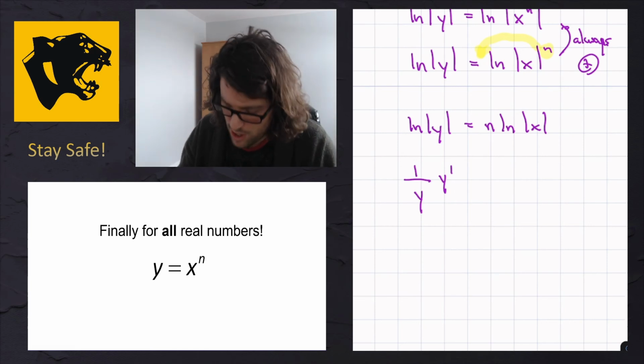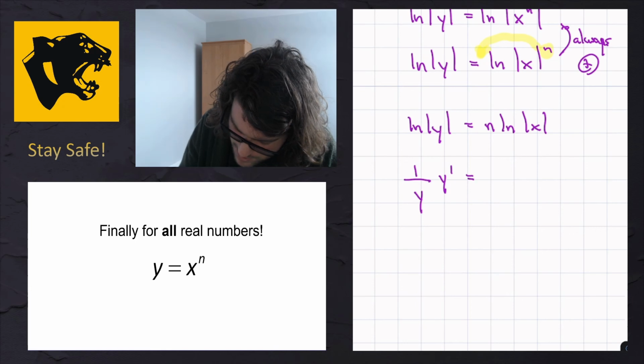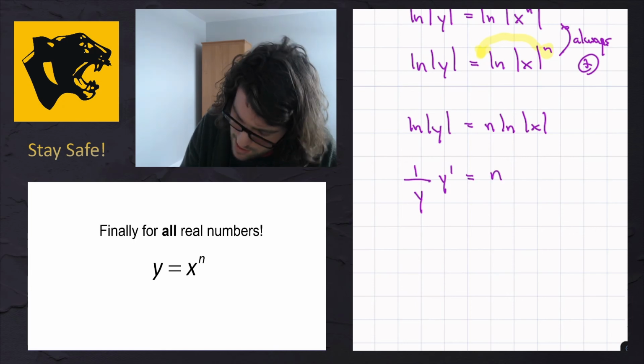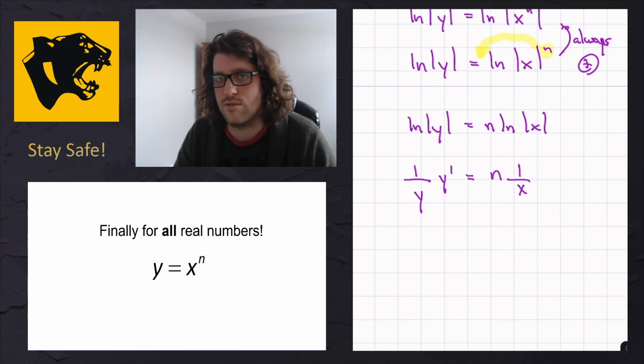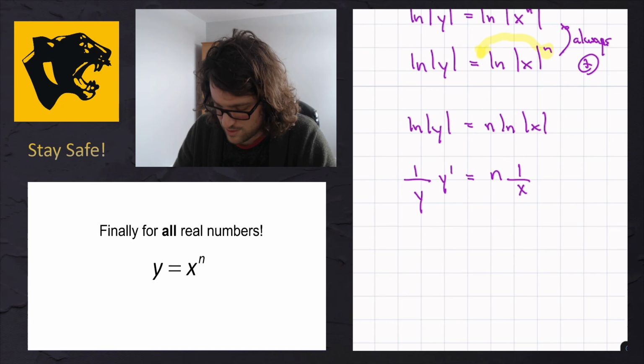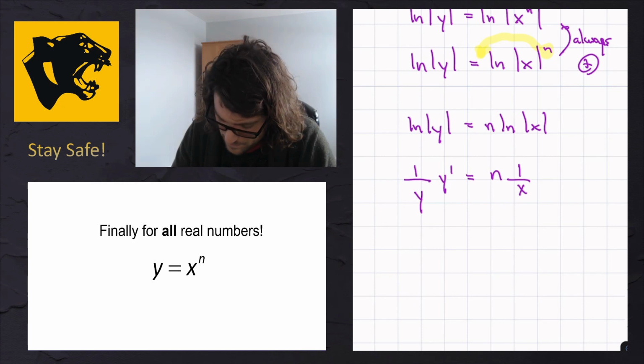So it's y prime is equal to, constant multiple rule just leaves us with the n there, times the derivative of the ln of the absolute value of something. In this case, it's just x derivative, so it gives us 1 over x in the end.